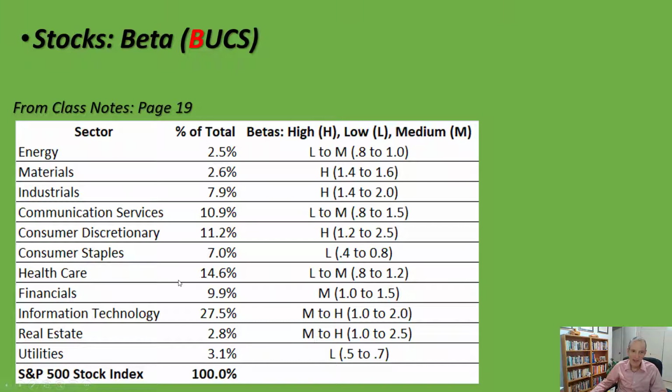Real estate and utilities especially tend to be very sensitive to interest rates. Some people view real estate stocks and utilities, especially real estate investment trusts that have to pay high dividends by tax law, as substitutes for bonds because they're high dividend paying stocks. And so when interest rates rise, they tend to fall.